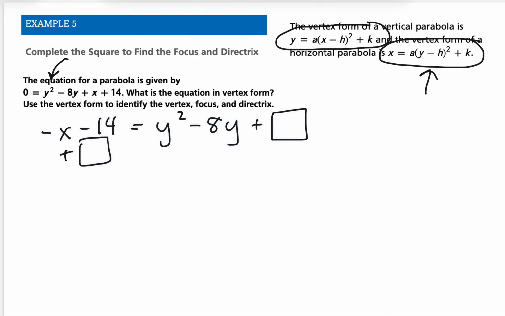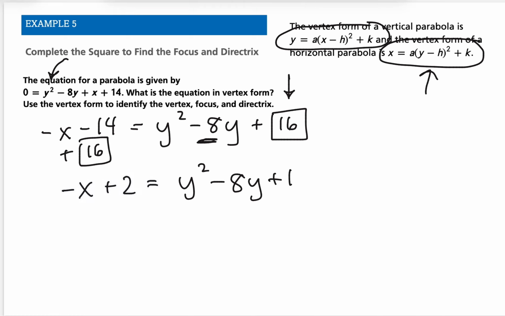So to get this number, we're going to take half of the b term, so half of -8 would be -4, and we're going to square it. And so that gives us 16. So I'm going to add 16 to both sides of the equation to keep it balanced. So that gives me -x + 2 equals y squared minus 8y plus 16.